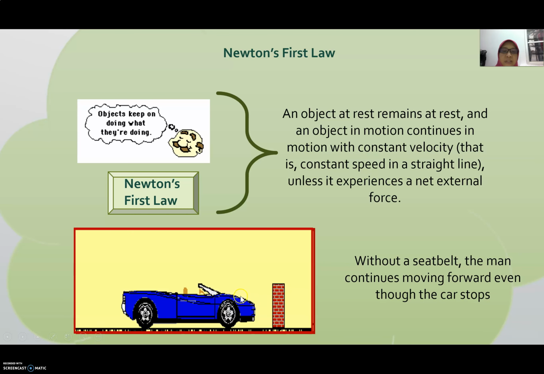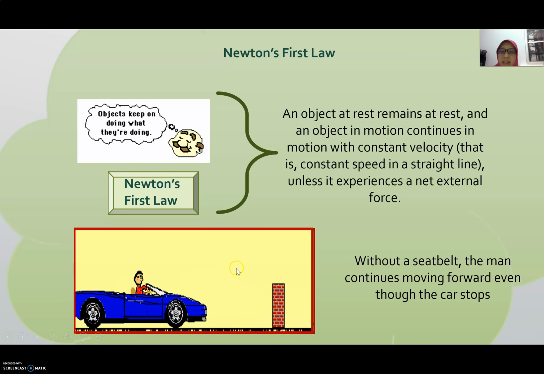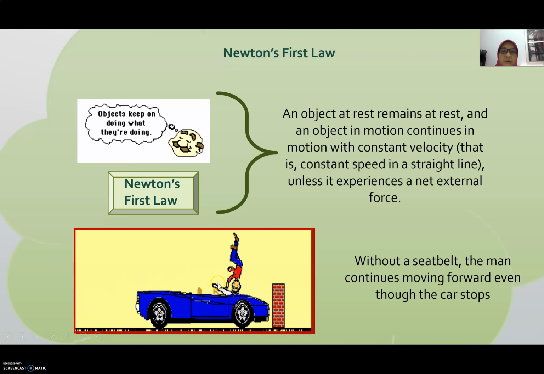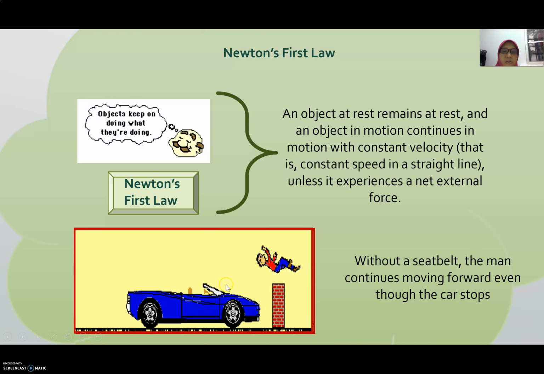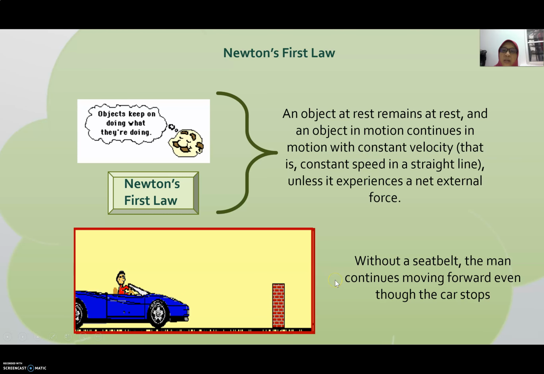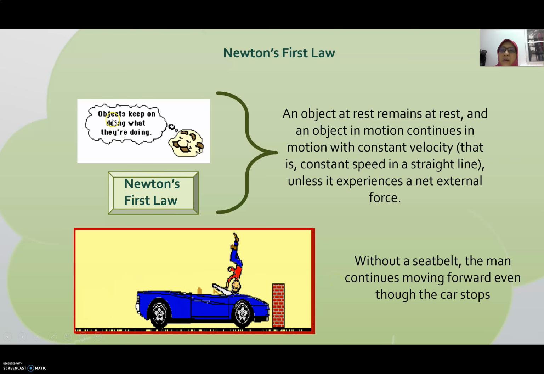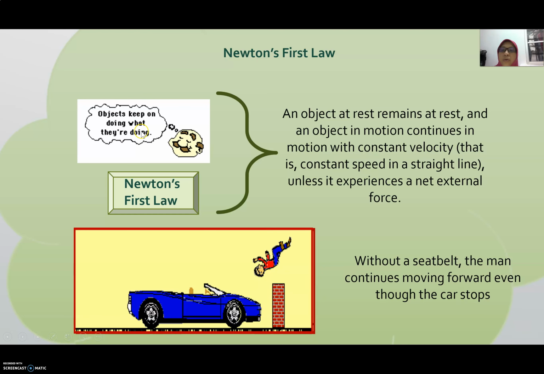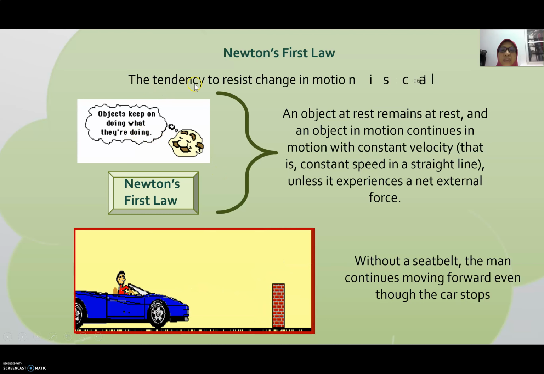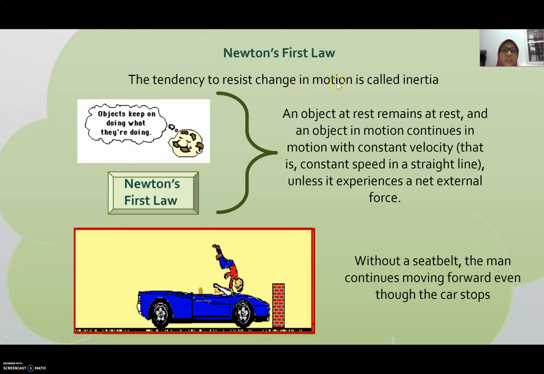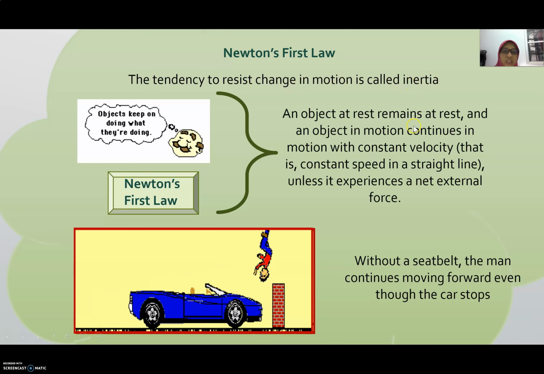Another example is the second animation given here: without a seat belt, the man continues moving forward even though the car stops. So this explains why objects keep on doing what they are doing. The tendency to resist change in motion is called inertia.